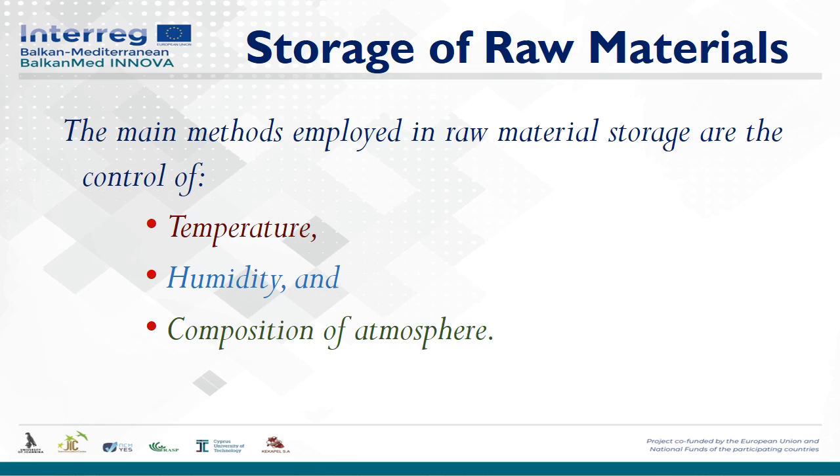There are other products that need the control of the atmospheric parameters through the addition of various gases, such as nitrogen or carbon dioxide. For example, storing apples in a controlled atmosphere combined with refrigeration increases their shelf life up to 10 months, compared to storage only with a refrigerator.